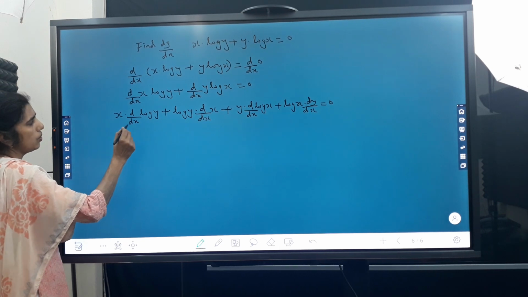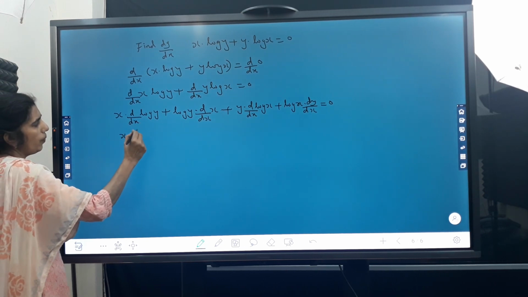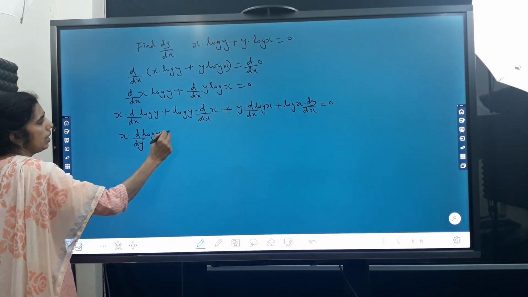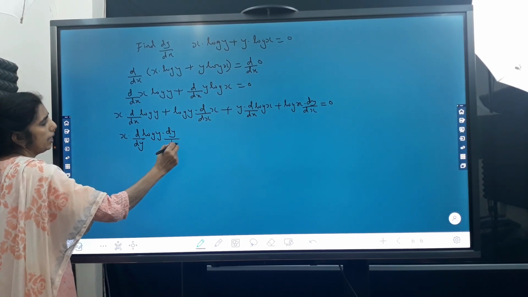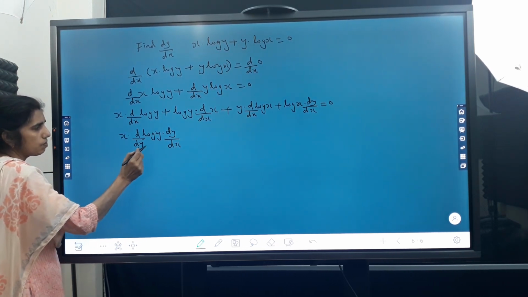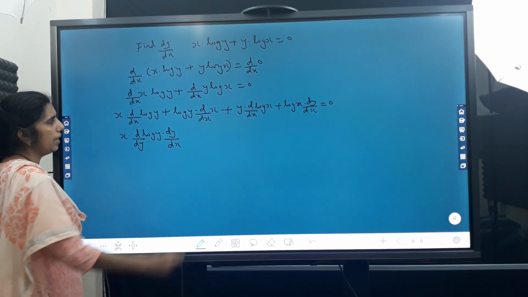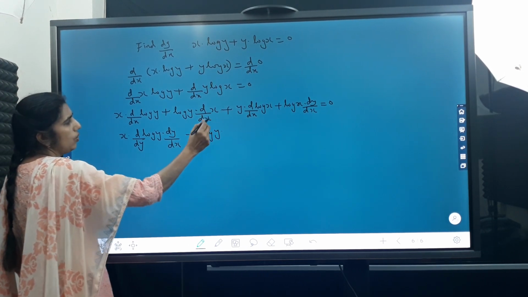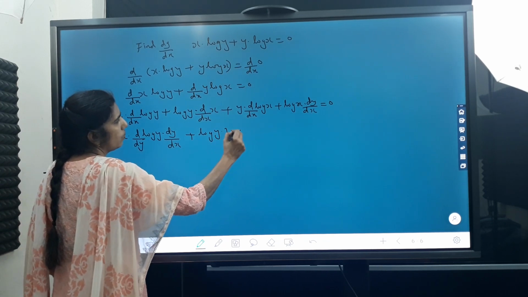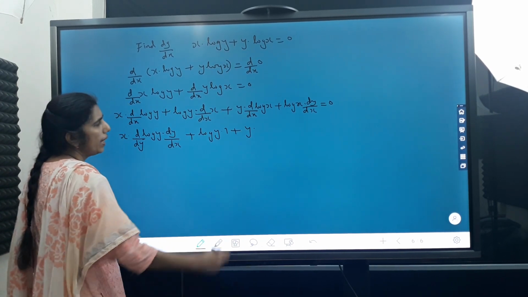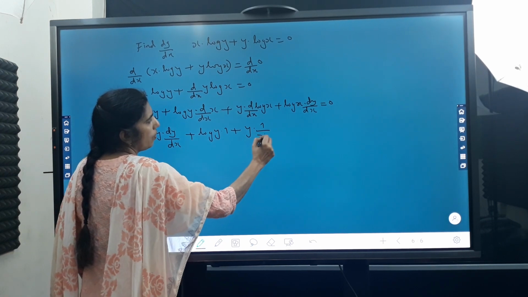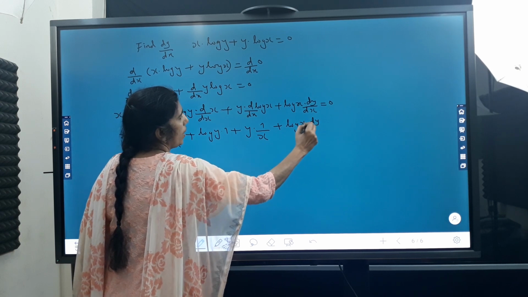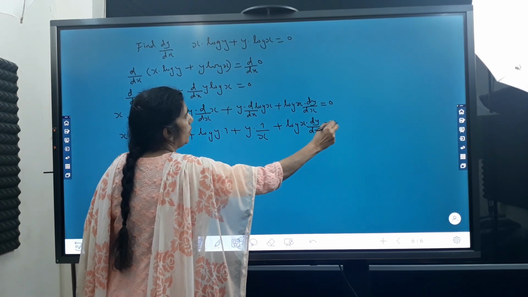So it is x into, now d by dx of log y is d by dy of log y into dy by dx. We differentiate it with respect to y, then multiply by dy by dx, plus log y into d by dx of x is 1, plus y into d by dx of log x is 1 upon x, plus log x into dy by dx equal to 0.